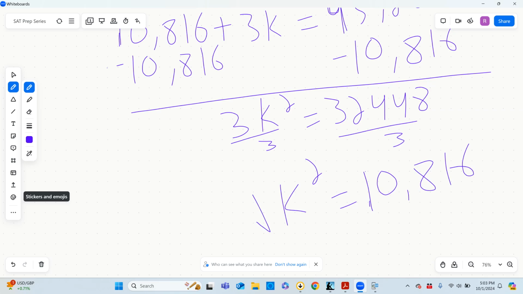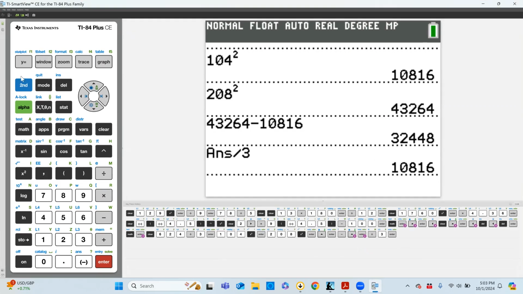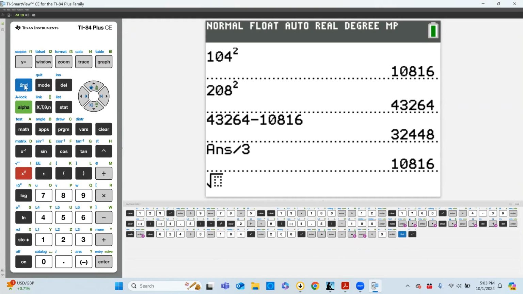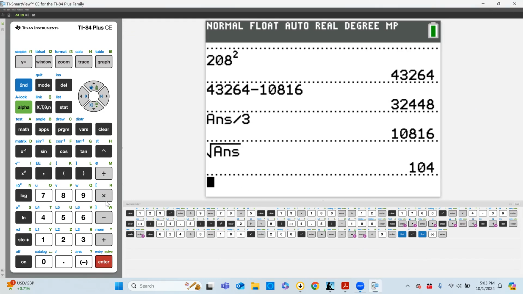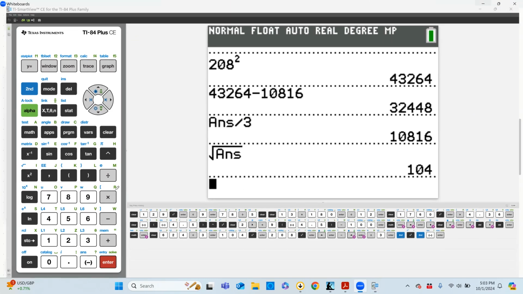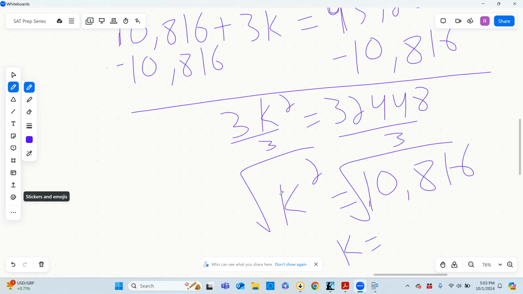And now we are going to take the square root of both sides. The square root of 10,816 is 104. So there you go. Let's minimize this, and we should end up with 104 centimeters. Nice.